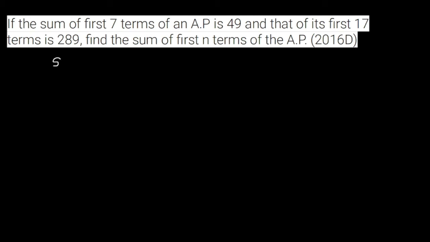So S7 is equal to 49, and the next one we are given S17 is equal to 289. So what is the question? Find the sum of the first n terms of the AP. That is, we have to find Sn.